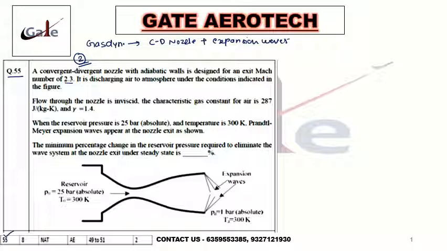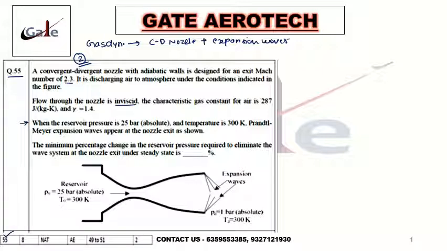Okay, so they have given this kind of expansion fan, and the designing property we want at the exit, which is PA and TA, they have given, right? So now flow through the nozzle is envisaged, and the characteristic gas constant and so on, they have given everything.